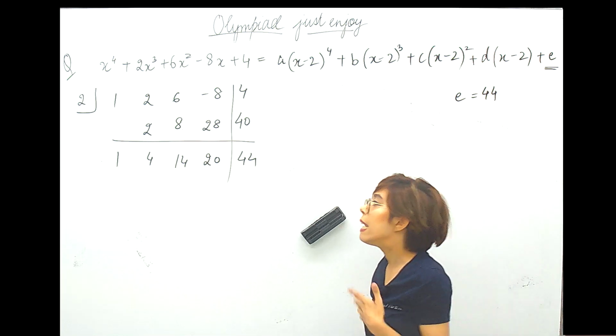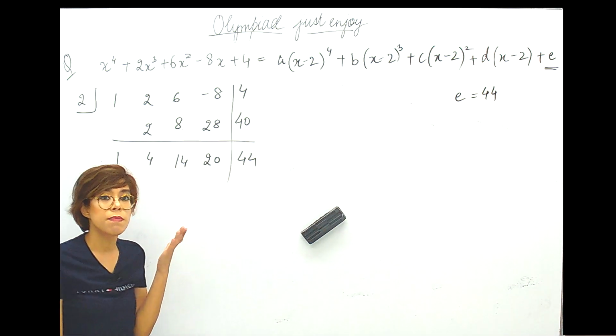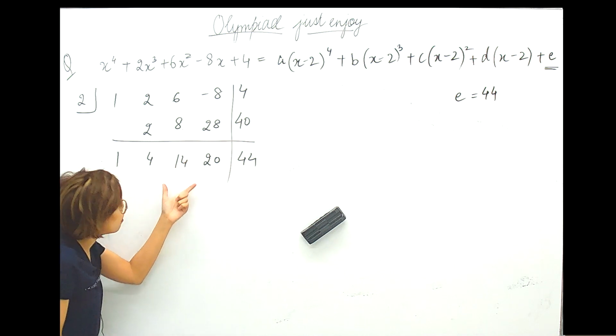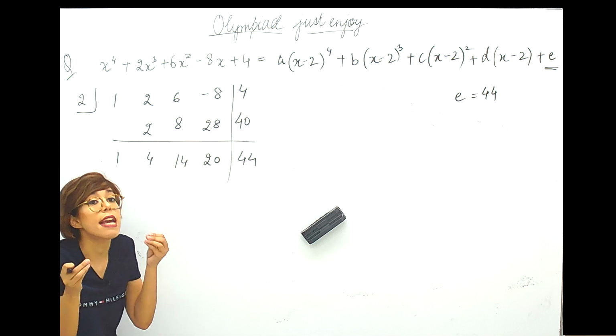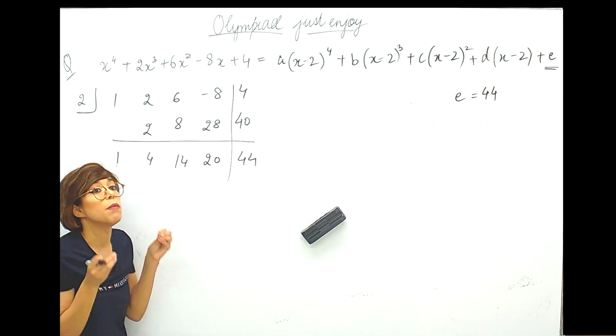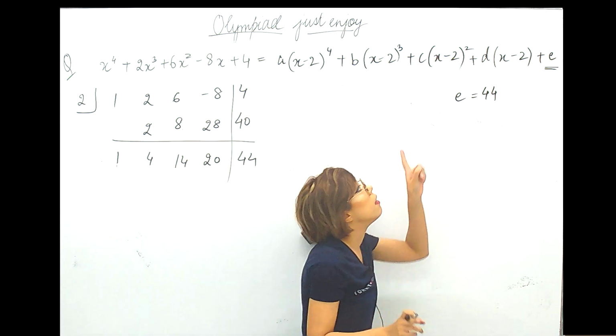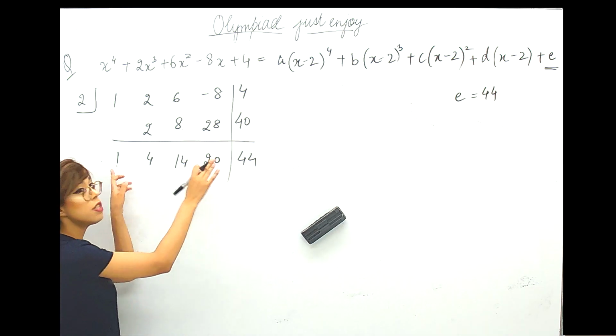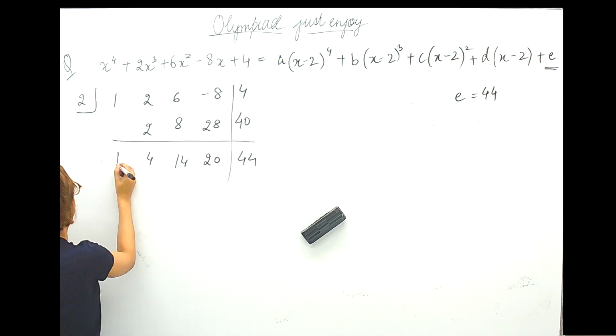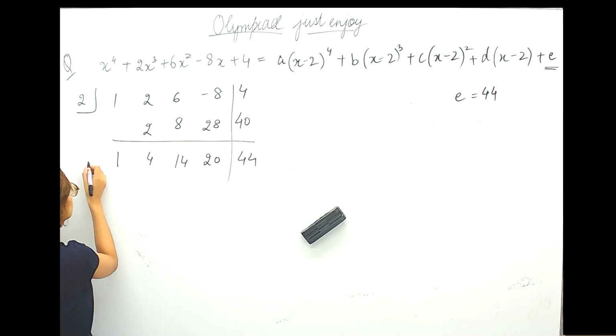Done? Next क्या करना था मुझे? इसको further, यहाँ से जो क्वेश्चन मिलेगा उसको further किसके साथ डिवाइड करूंगी? x minus 2. अब जब डिवाइड करूंगी, the remainder will turn out to be d. तो यहाँ पे 2 आ गया.